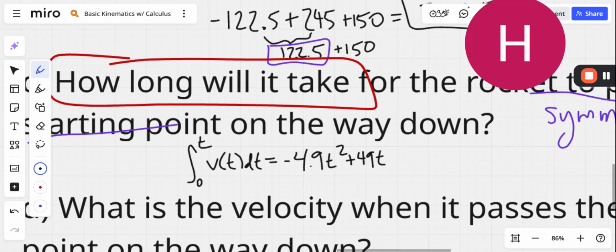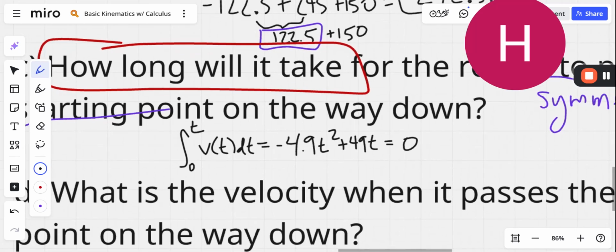We would say that this equals 0, because we want the displacement to be 0. If we said x of t minus x of 0, we want the position to be the same. We want it to be at the starting point, the starting height. So these would be equal.